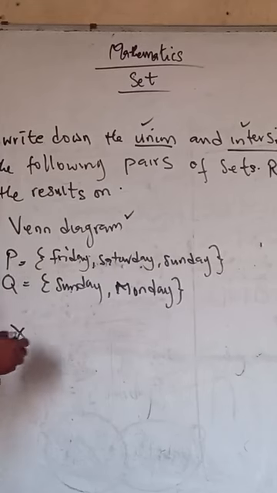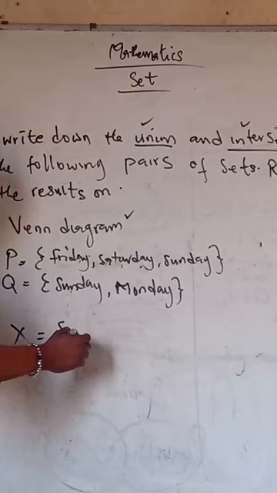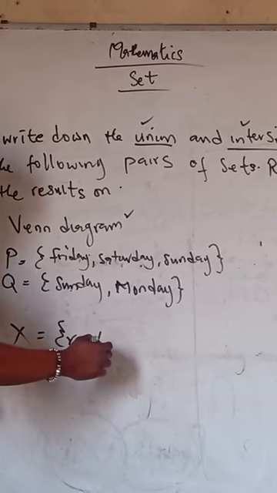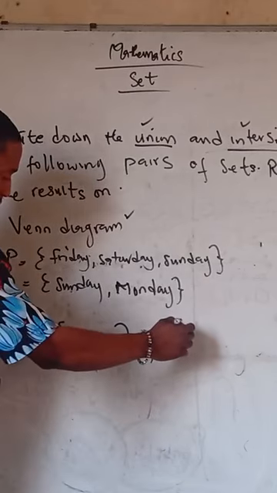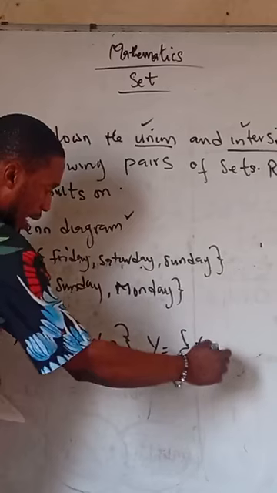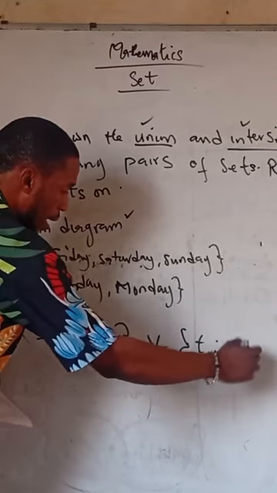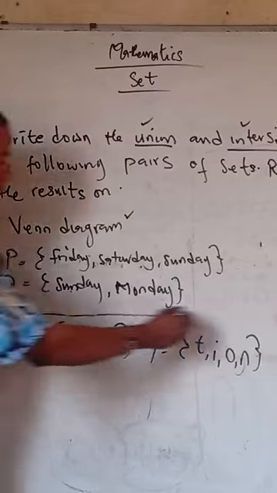You have your X. Your X is RELA. Then you have your Y as your TION. Now, this is what I want you to solve for me.